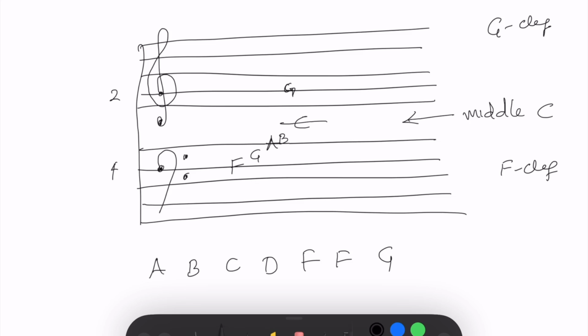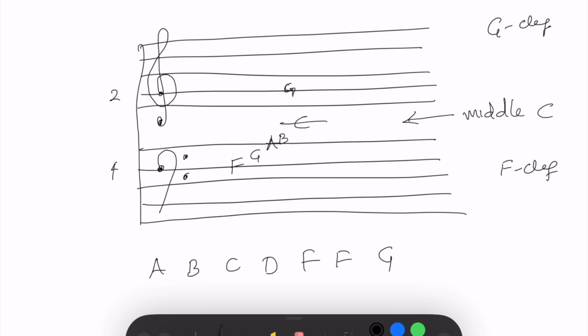That line, the middle C, is your ledger line. Also recall that we talked about ledger lines in lesson 1. If you have forgotten what that is, quickly remind yourself by pausing this video and going back to lesson 1.